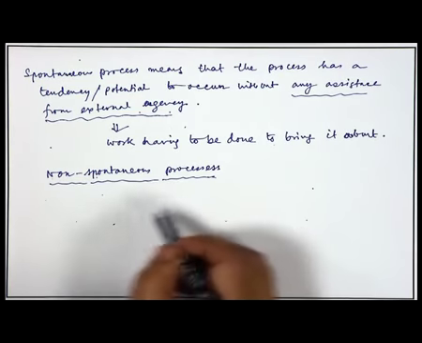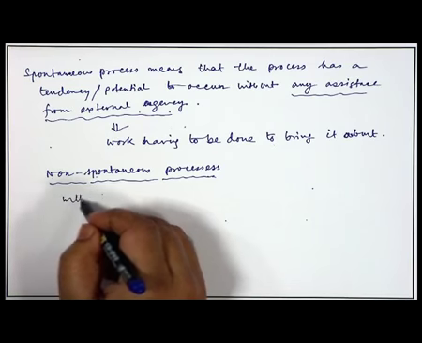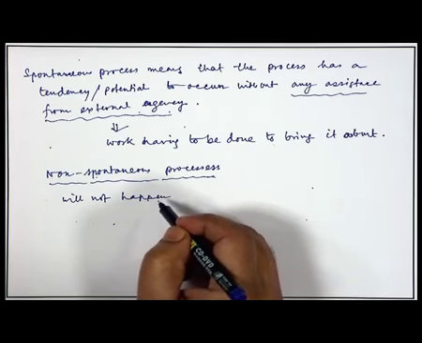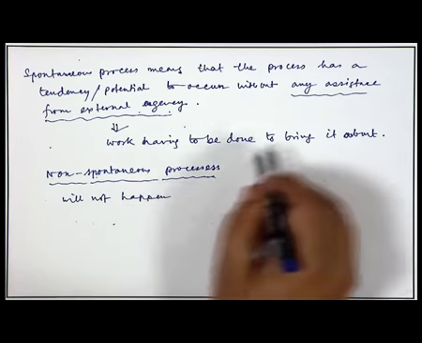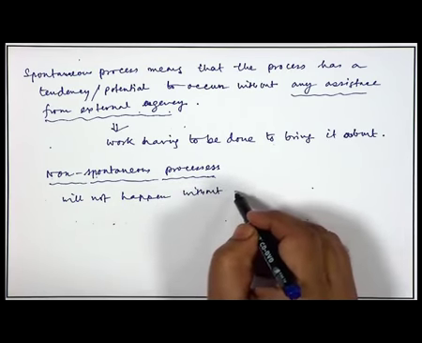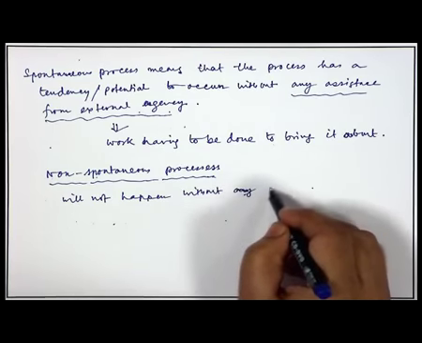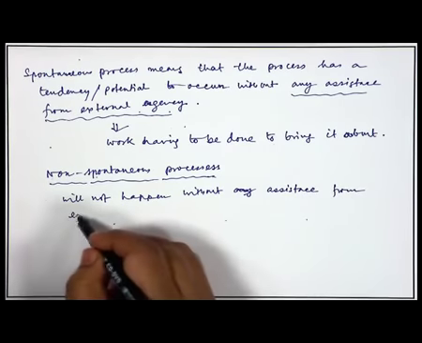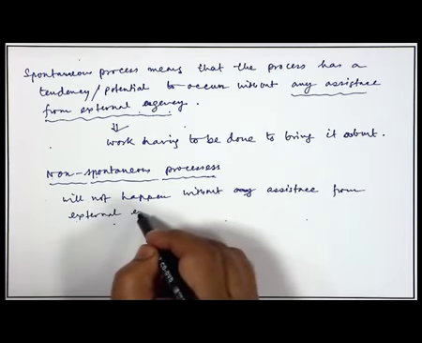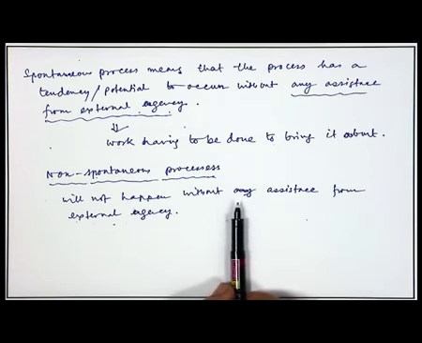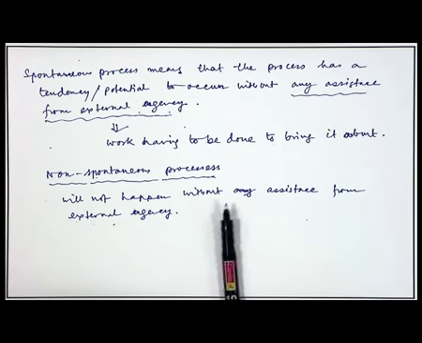A non-spontaneous process will not happen without the help from external energy, without assistance from external agency. If I have to lift the pen to a height, obviously I have to do some work on the surroundings.